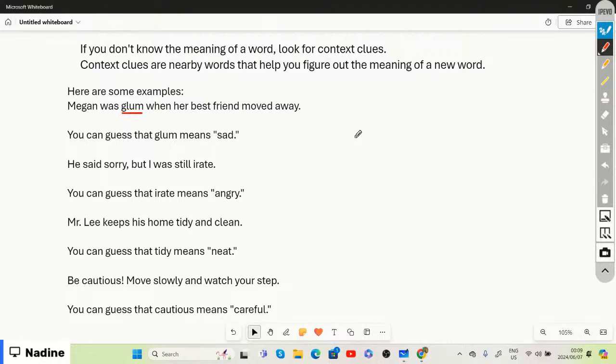We need to look at the context within that sentence that will tell us what the meaning of the word is. Another word for glum that we can guess is sad, because if your best friend moves away, then you are sad.